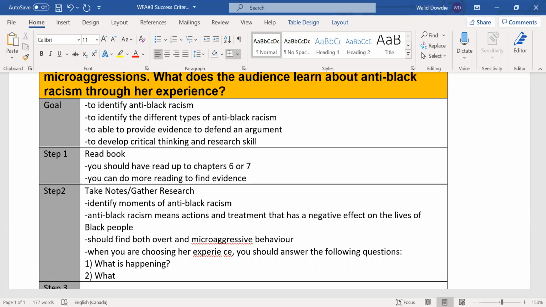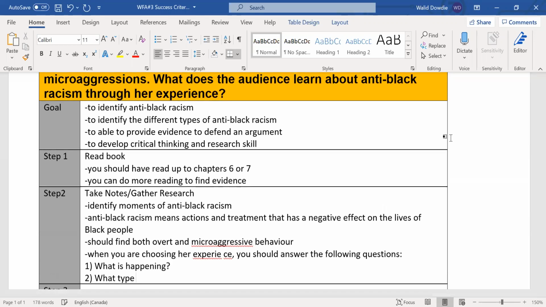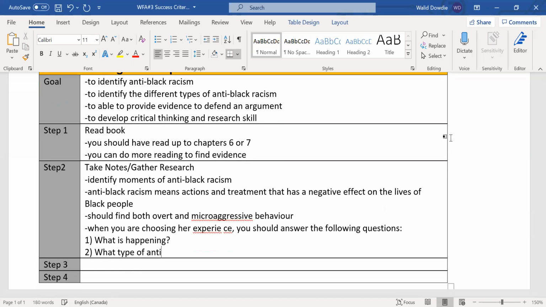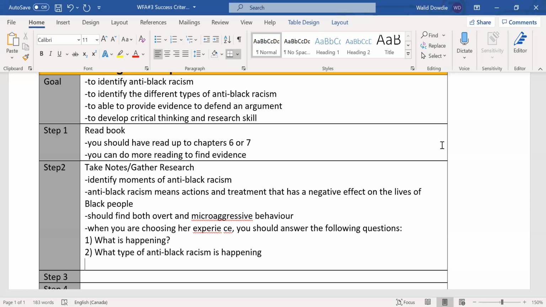Then you need to say what type of anti-Black racism is happening to the person.